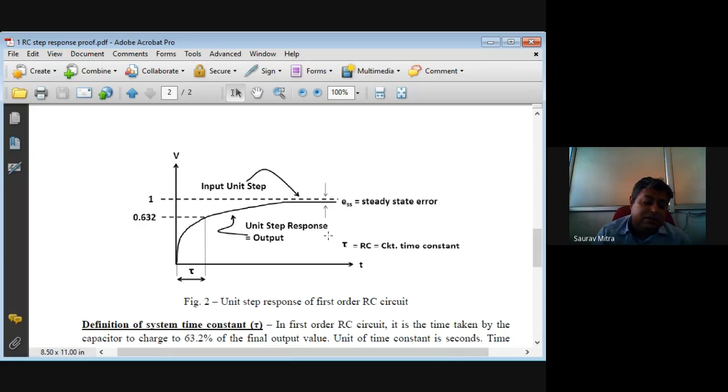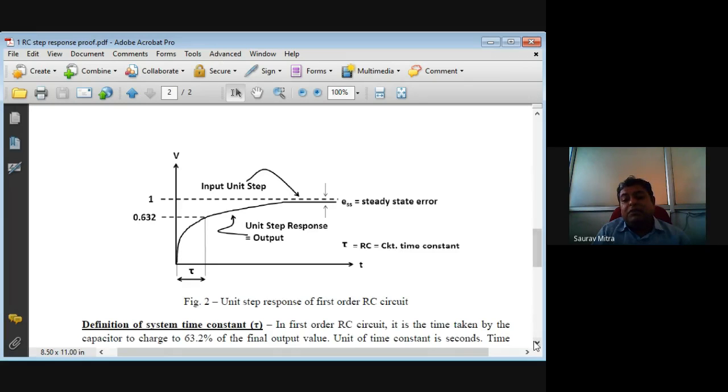But we find that the output never reaches 1 volt. It gets saturated at 0.98 or maybe 0.97. The difference between 1 and 0.98, that is 0.02, is called the steady state error, and that error will remain forever because the output can never be the same as the input if a steady state error exists.